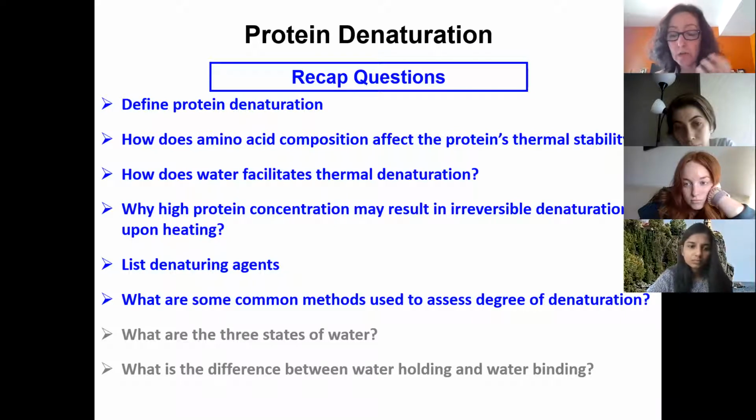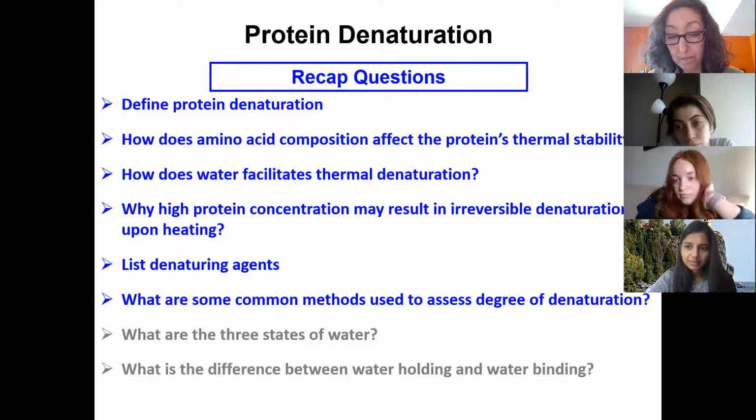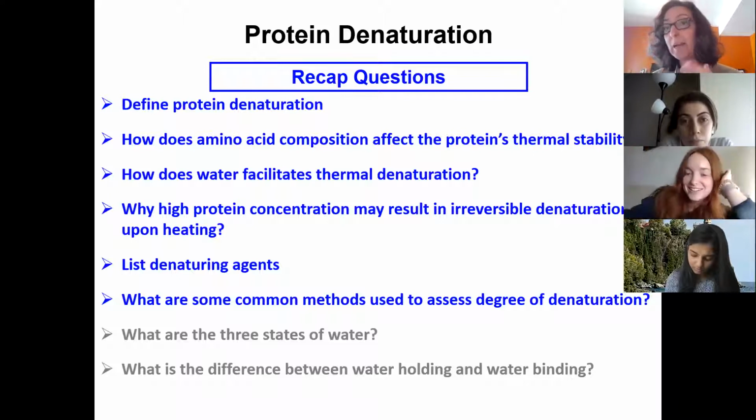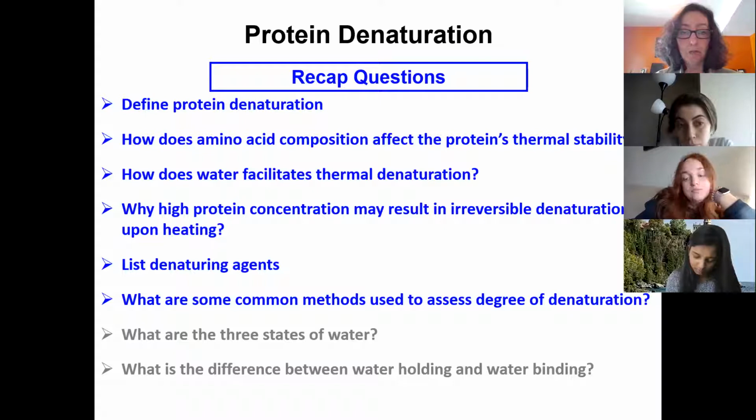Okay, what other denaturing agent? Urea or acetone? Yes, so detergents and organic solvents. So SDS, urea, beta-mercaptoethanol, a reducing agent, these can cause breakage of bonds. And this breakage of bonds again leads to high entropy and then denaturation.